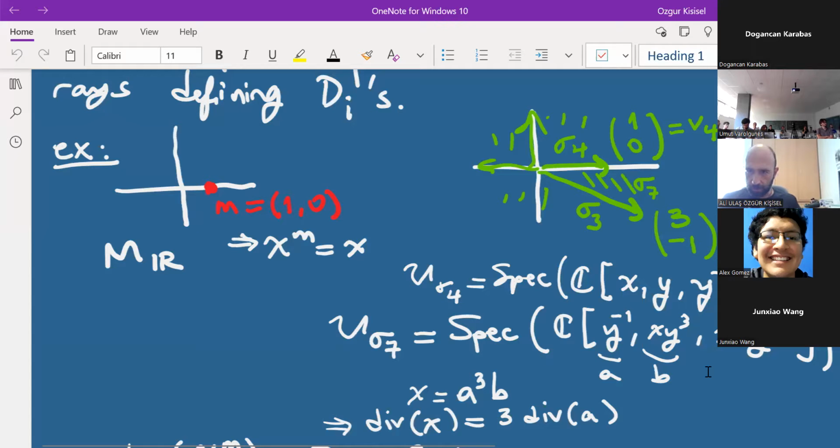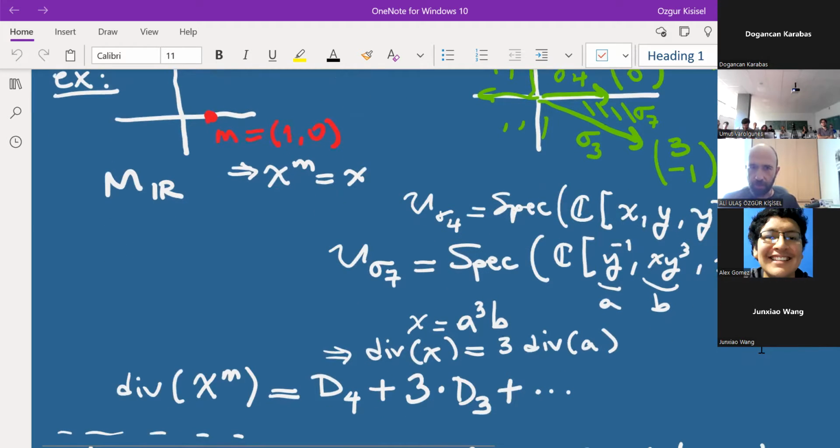Now the other one requires thinking for another moment. This time it's the spec of C[y inverse, x y cubed, and x inverse y to the minus 3]. Now x is not immediately visible, but if you rename your generators y inverse and x y cubed as a and b, then x is equal to a cubed times b. So div x is actually, well, b is invertible in this ring, so that doesn't count, but a equals 0 is the divisor, D7.